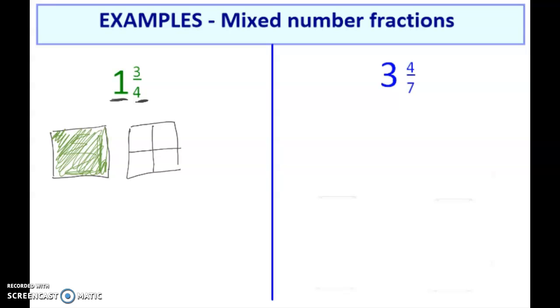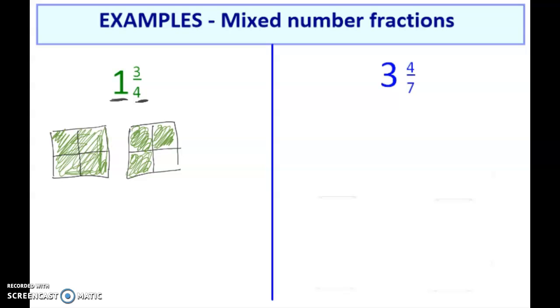So split it into 4 and I'm going to colour in 3 of them. I'm going to look at that first square and I'm going to say I can split that into 4/4 too. It's still all coloured in, so it's still a whole one.